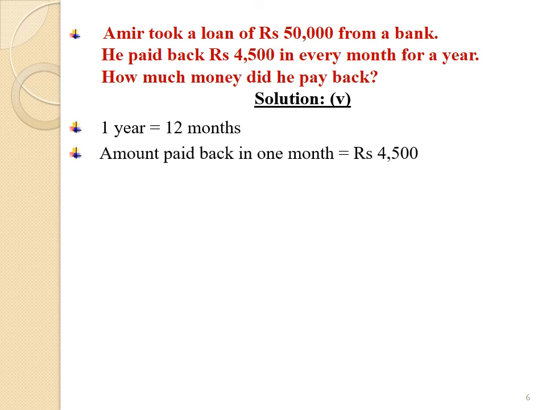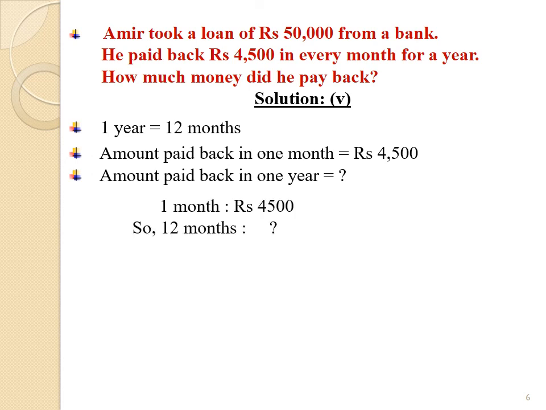Therefore, amount paid back in 12 months equals how much? Now, let's write down the statement and cross multiply it so that we get the answer easily. 1 month equals rupees 4,500. So, 12 months equals how much?